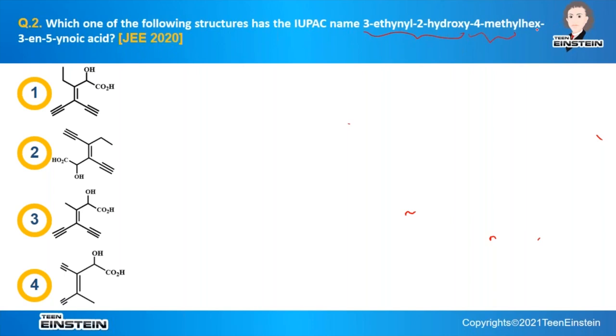Hex is the parent hydrocarbon, so this structure contains 6 carbon atoms, and the acid group is present at the end. The numbering starts from the functional group: 1, 2, 3, 4, 5, 6.